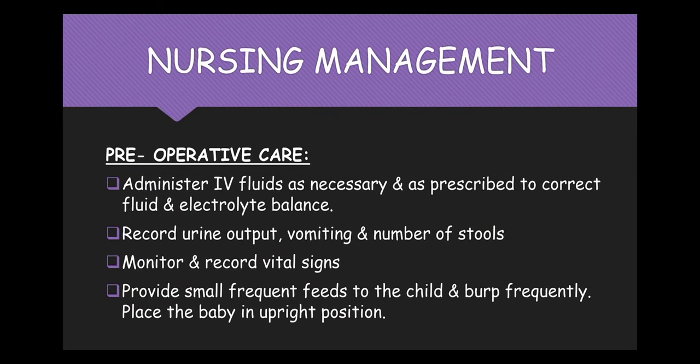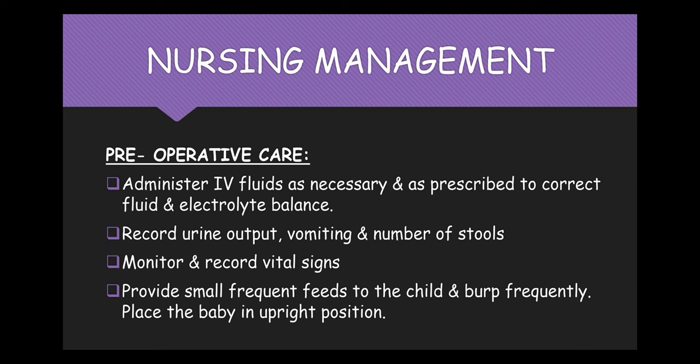Now, the nursing management. In this, first is preoperative care. First we have to administer IV fluids as necessary and prescribed to correct fluid and electrolyte balance. Then record urine output, vomiting, number of stools, and vital signs.